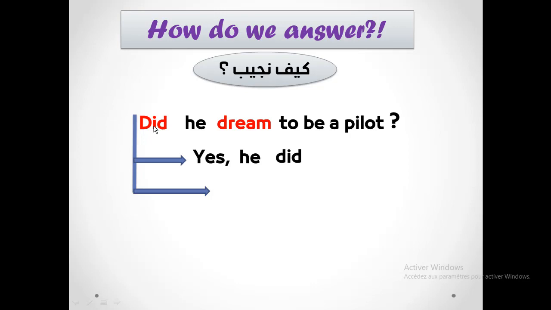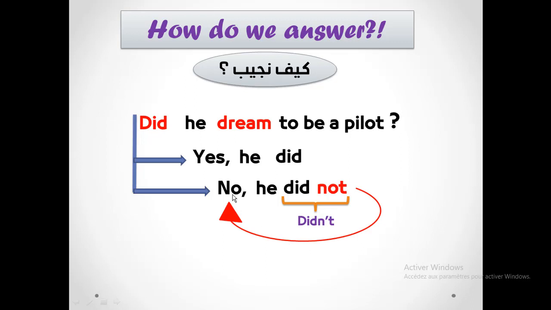Or no, he did not. Very good. No, he did not. Or we say didn't, short form. Now we have not because we have no. No, he didn't. Yes, he did.